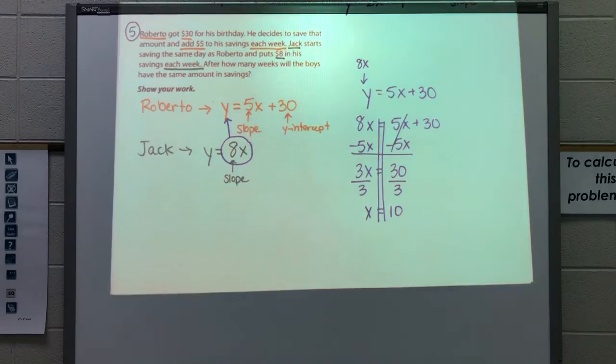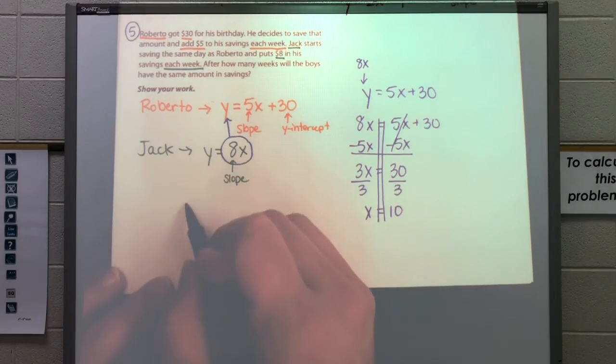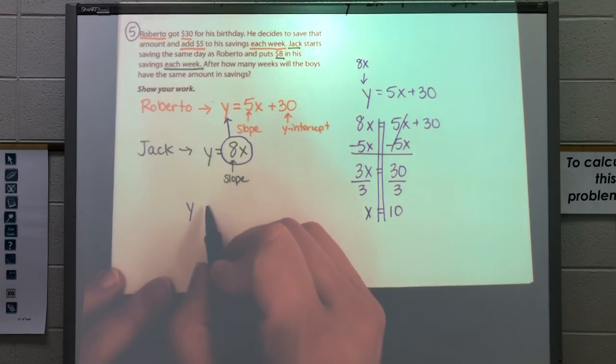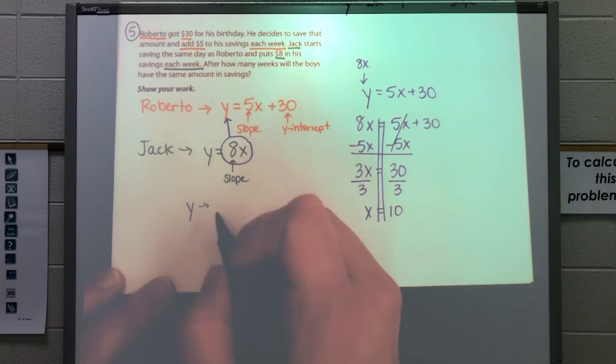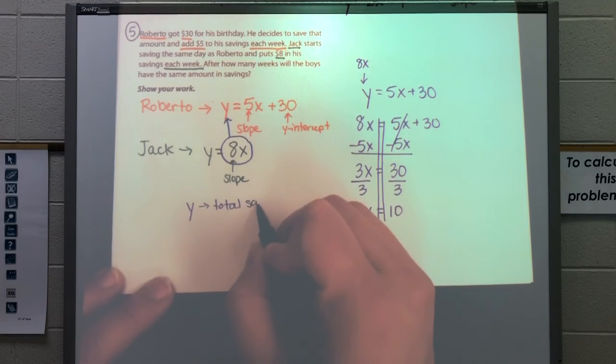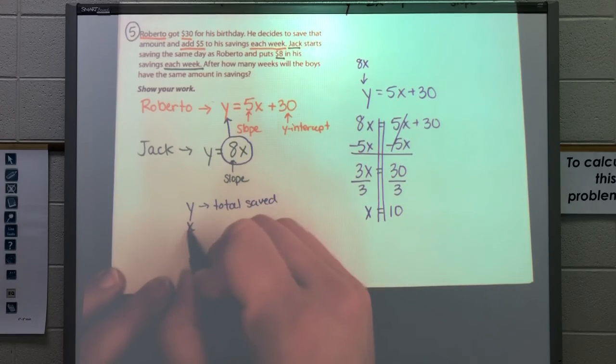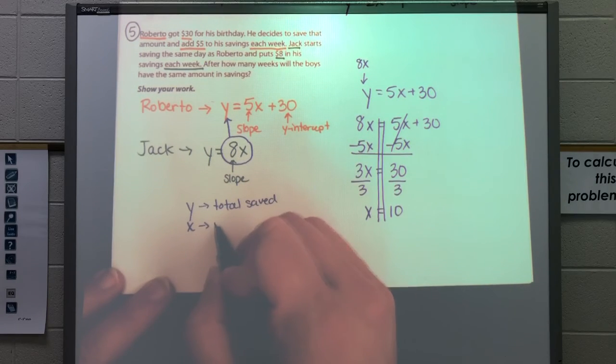So what does that mean? X equals 10. 10 what? Well, we have to think back to the problem. My y value, that is the total saved, and my x value, that is how many weeks.